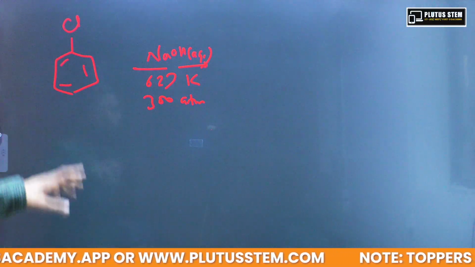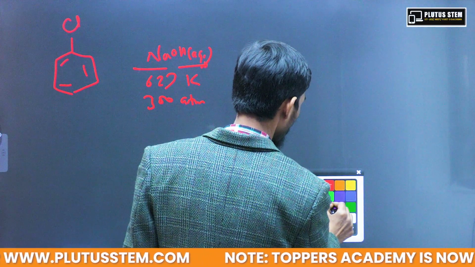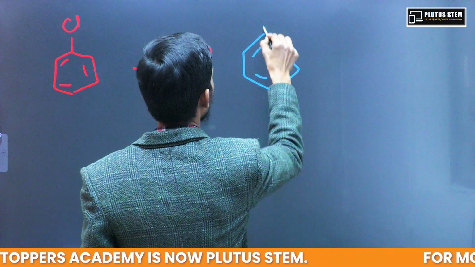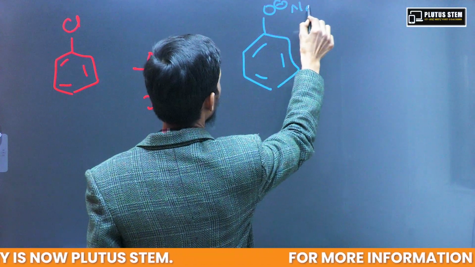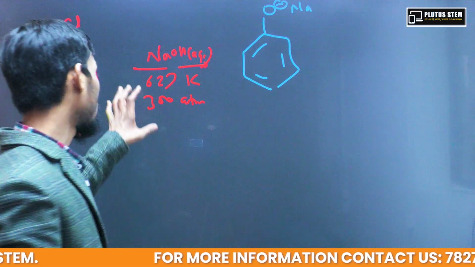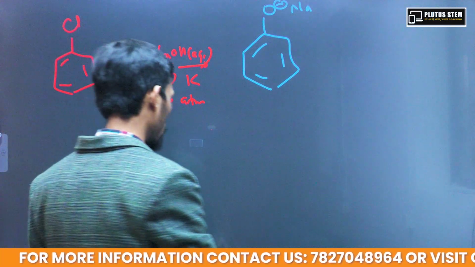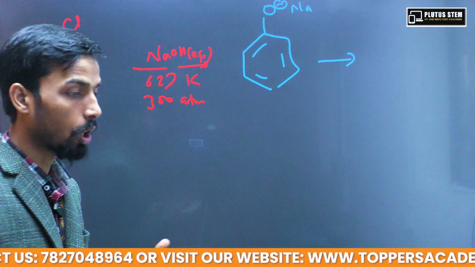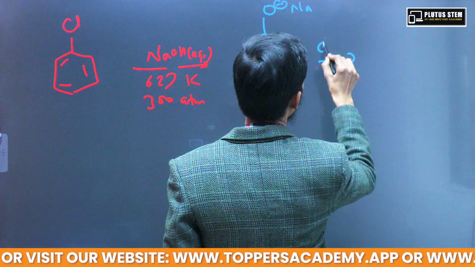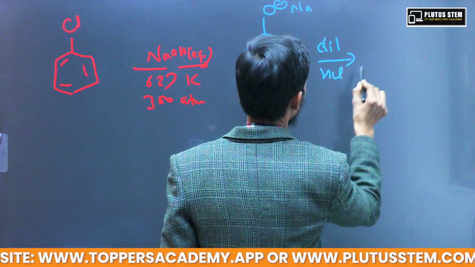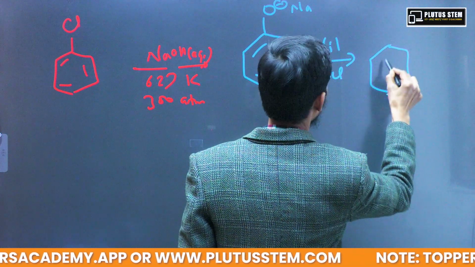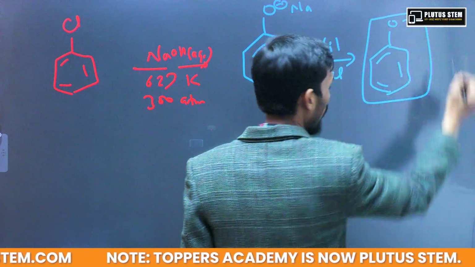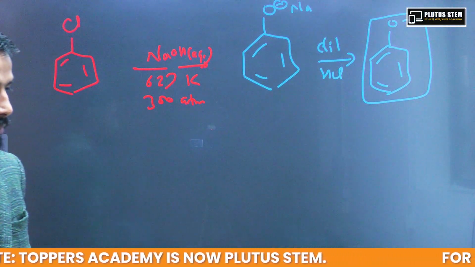So what is going to happen here? We are going to get O negative Na positive. Why? Because the base is present and that base can accept the O negative. Now if we work this up in the presence of dilute HCl, we get the product phenol.